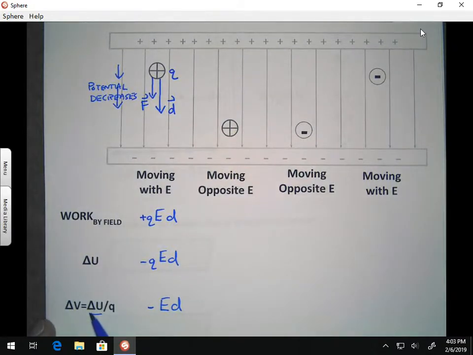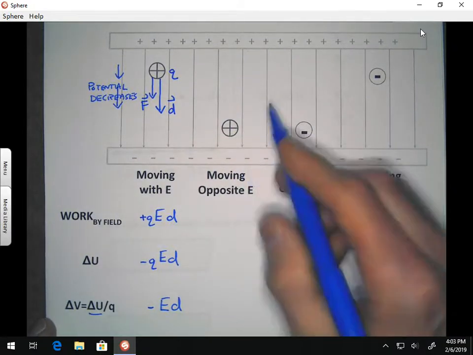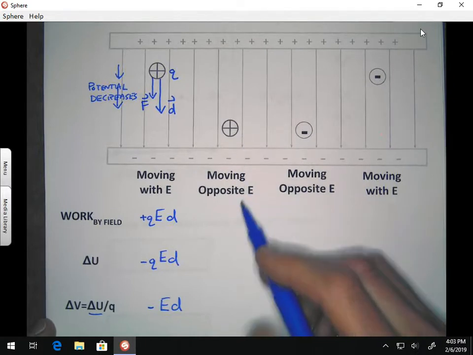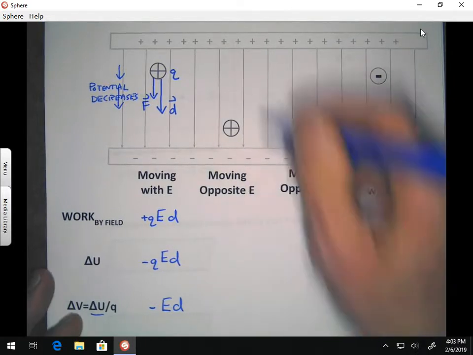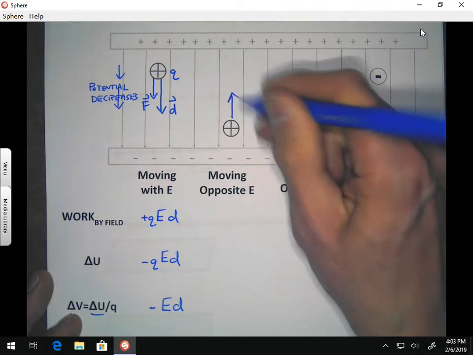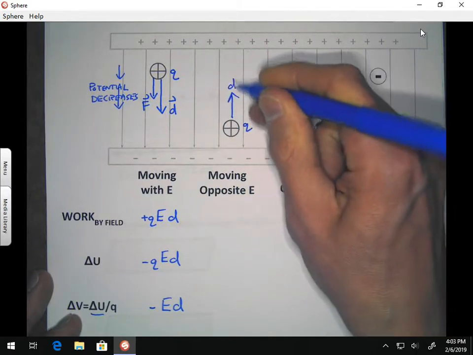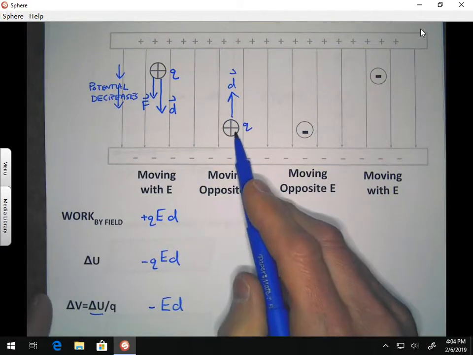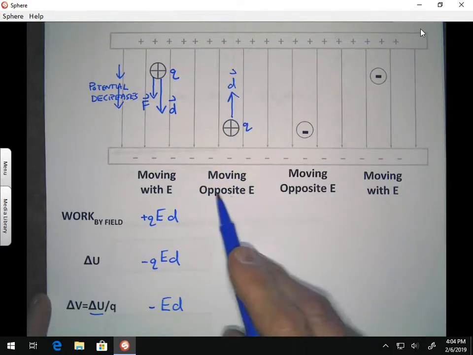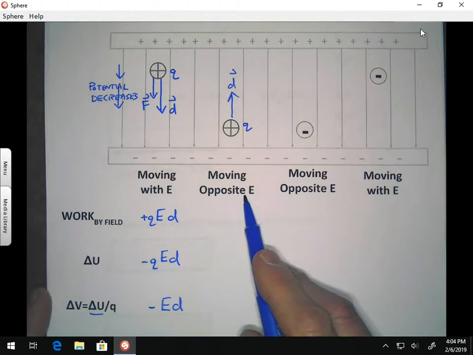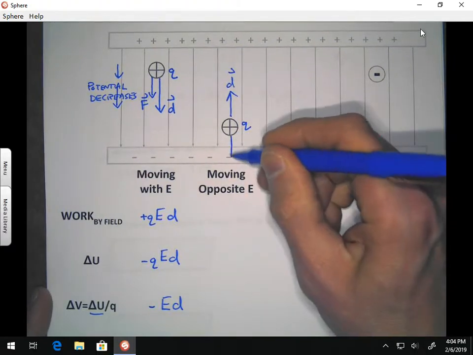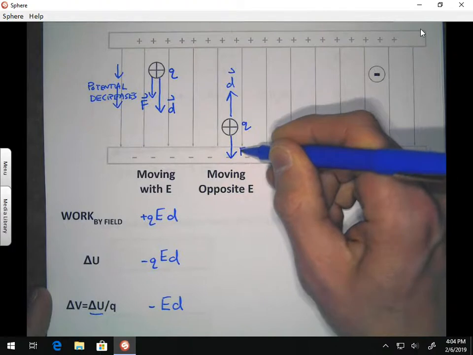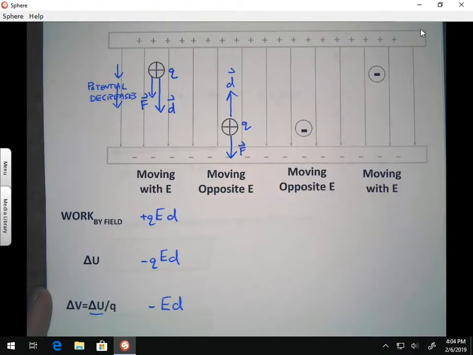Now, the expectation would be that if we take our charge and move it opposite the electric field, these things should flip. So maybe I take this charge and somehow raise it in this field. Maybe I shoot it out of a gun, maybe I have someone pushing it. For whatever reason, I'm going to make it go up, in the opposite direction of the electric field. While that's happening, the electric field is pushing it in the downwards direction.